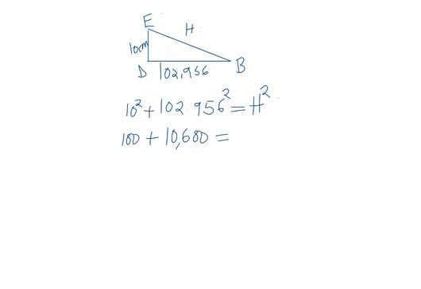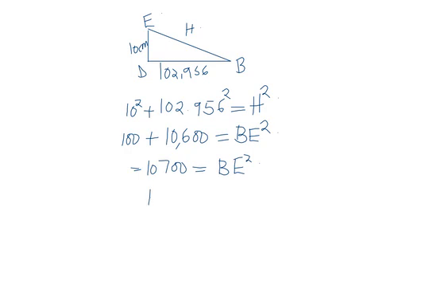This should be equal to BE squared. If you add 10,600 to 100, you'll get 10,700, which should be equal to BE squared.